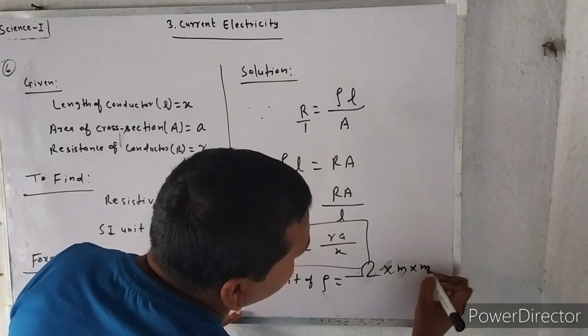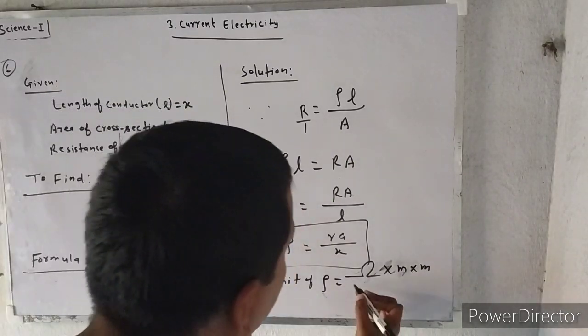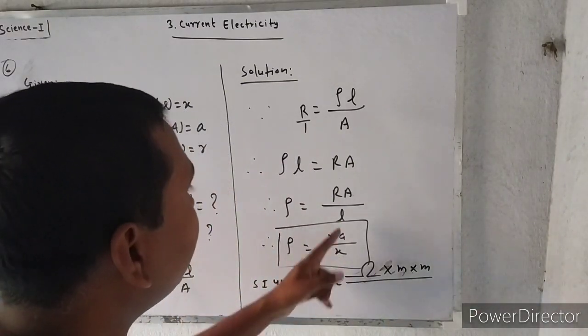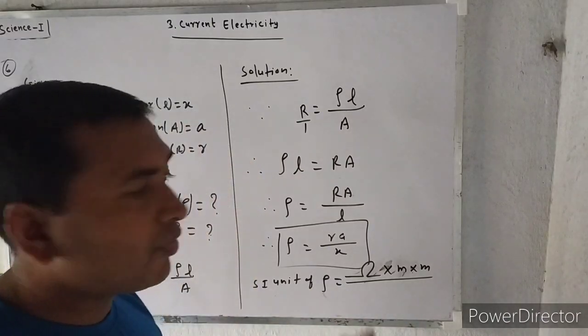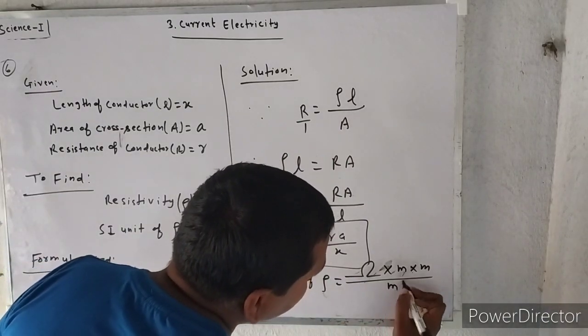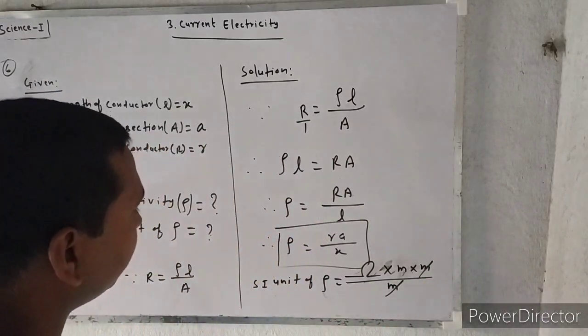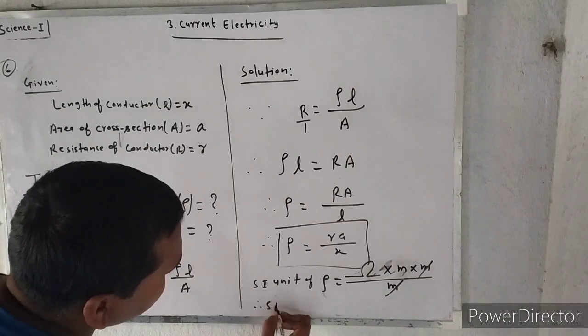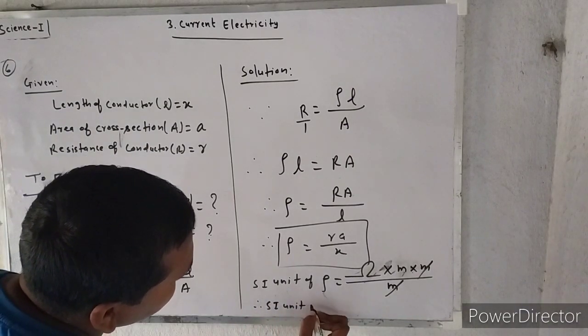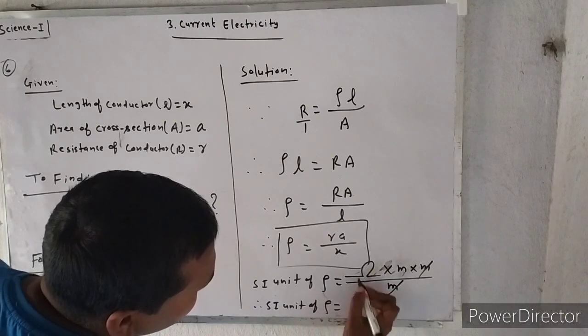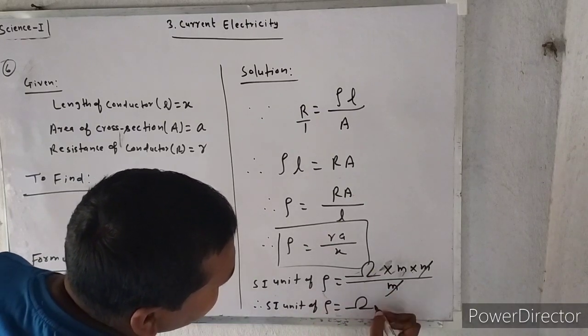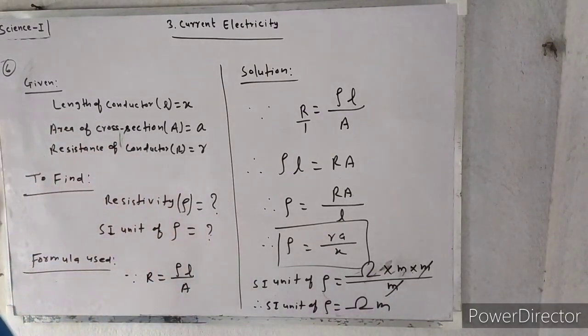X is the length. Again, the SI unit of length is meter. Meter cancels. Therefore, SI unit of resistivity is ohm meter. Answer. Understood?